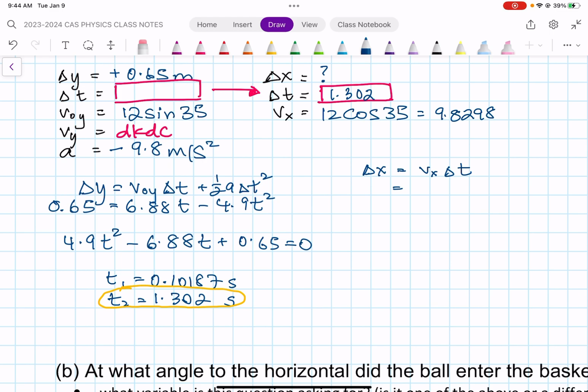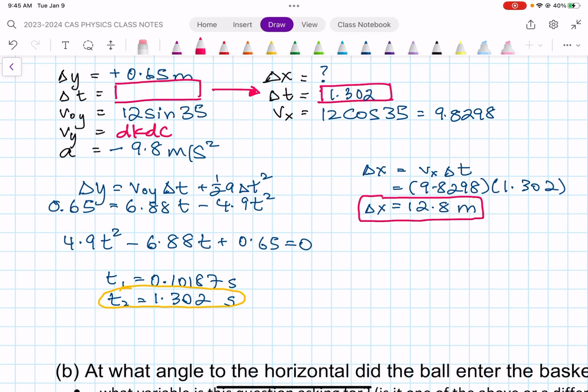And so this becomes 9.8298 times 1.302. So my delta x is equal to 12.79 or 12.8. 12.8 meters, and that's how far away Justin is from the net when he makes the shot.